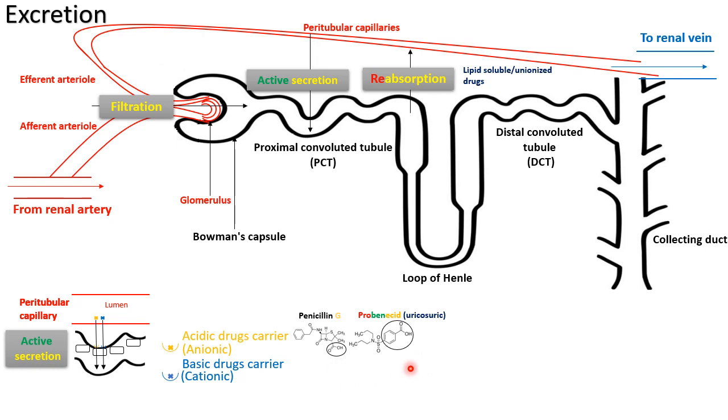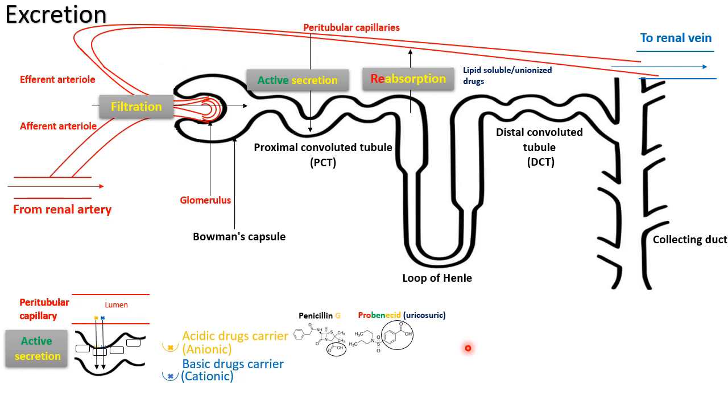So if we give probenecid with penicillin G, we find that the carrier has more affinity to probenecid than penicillin G. So the acidic carrier carries probenecid and leaves penicillin G.